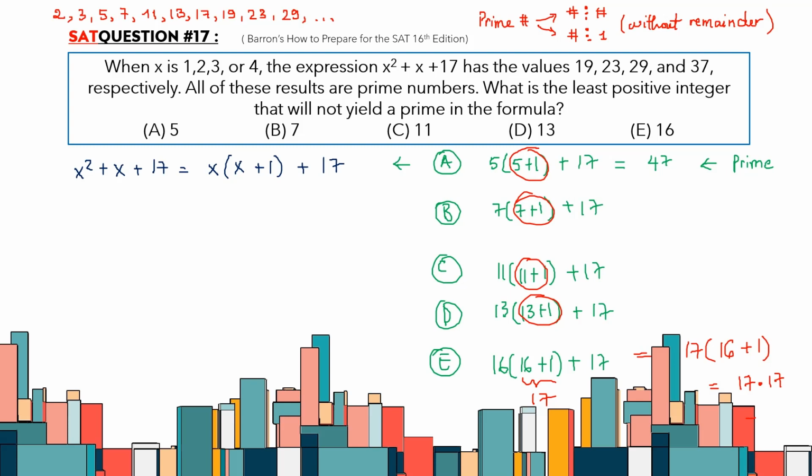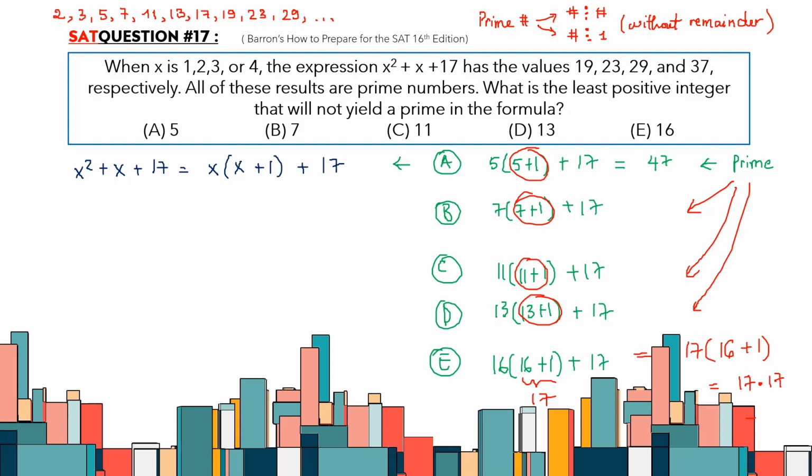So A, B, C, and D will form a prime, because the sum forms a number that can only be divided by itself and 1 without remainder.